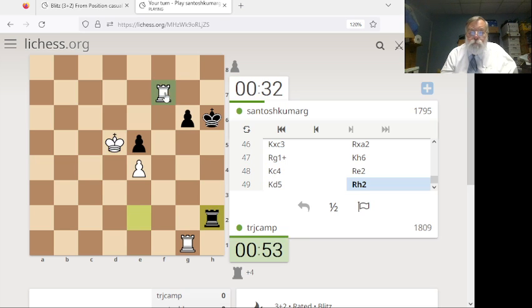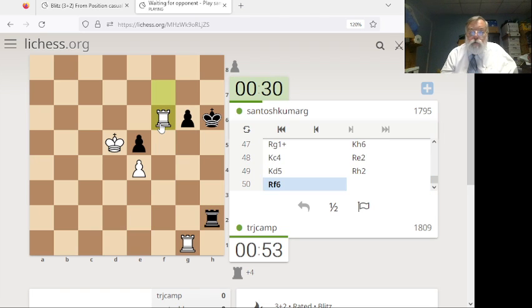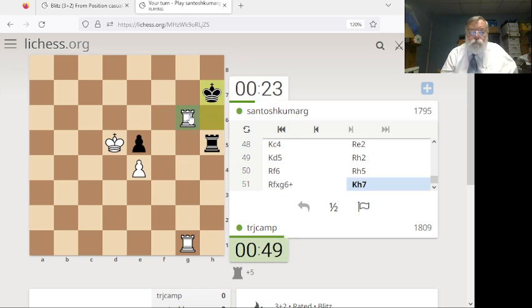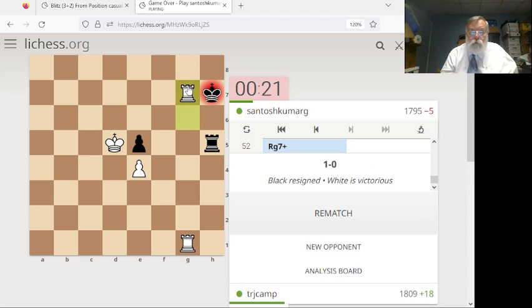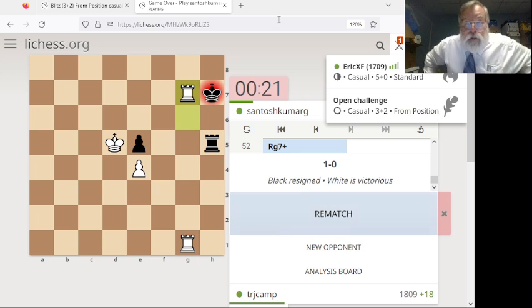Makes sense. It does, actually. I think that was a good move on Santosh's part. Got to play for it. I mean, you just got to. Okay, I'm going to play it this direction. That's a draw in there, I think. I don't think I actually had a win there.